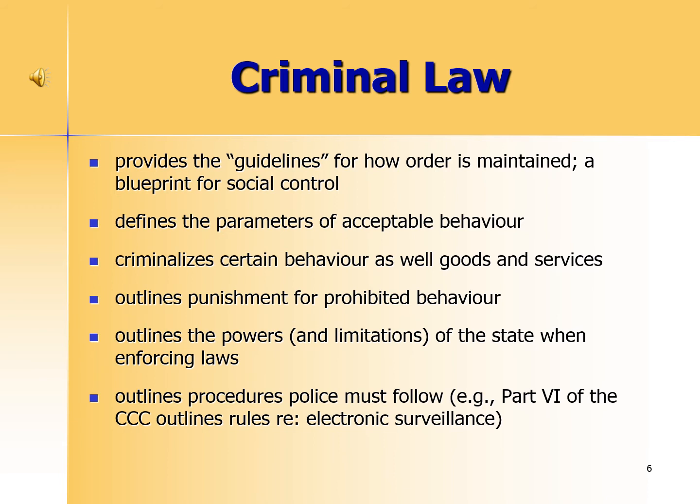So this is an example of a part of the Criminal Code that specifies what police must do in order to electronically survey a potential offender or an accused or a suspect. It outlines the steps they have to take to get a warrant to conduct electronic surveillance, and this part also outlines the limitations on police powers with respect to conducting electronic surveillance.